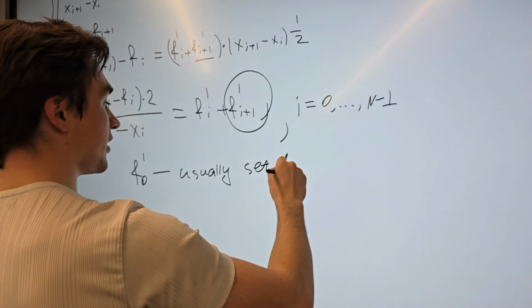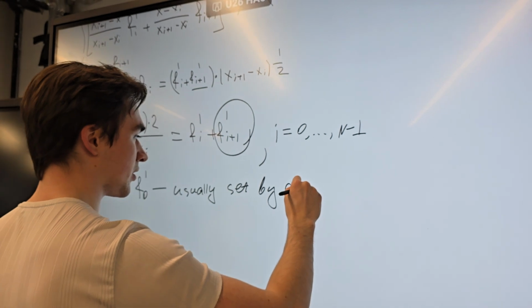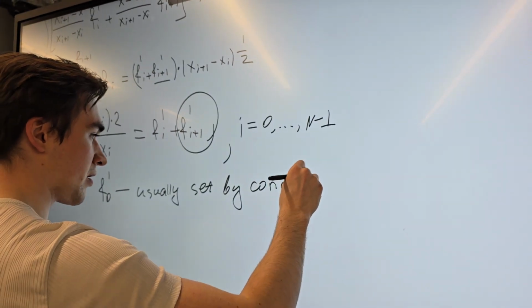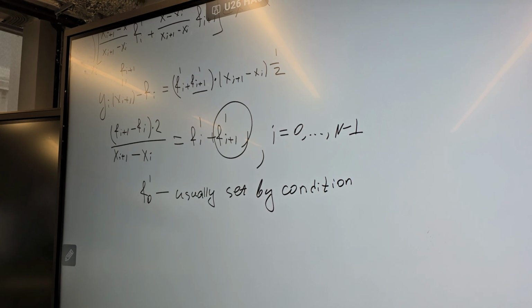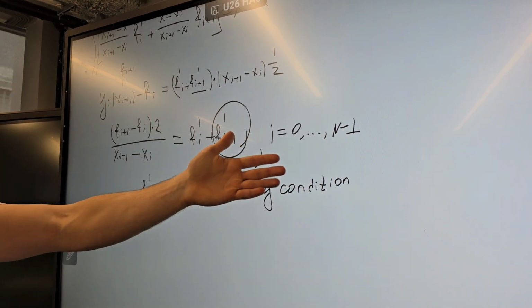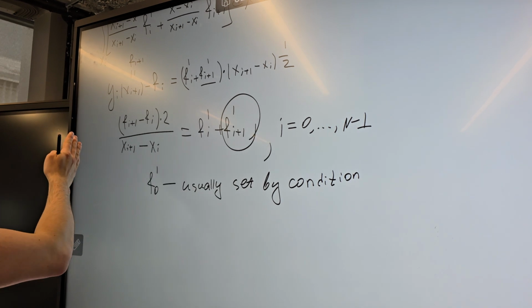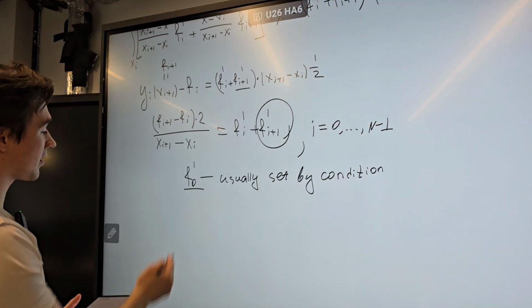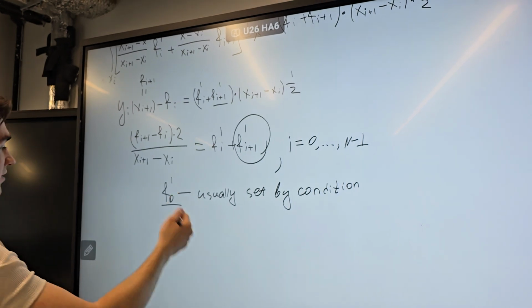set by your condition. For example, you can have that your last derivative is equal to the first, the most left derivative, which is our f_0 prime, is equal to the most right derivative, which will be the last one.